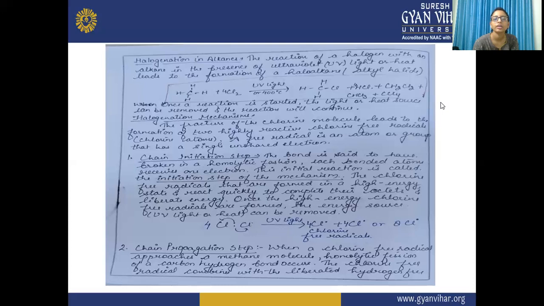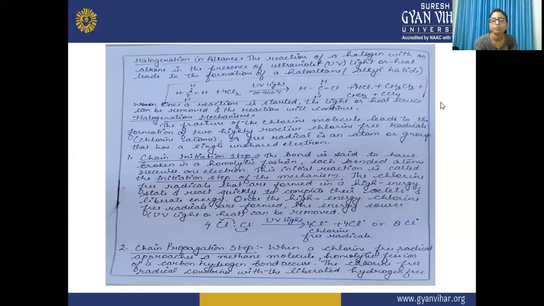In the first, chain initiation step, the bond is said to have broken in a homolytic fashion. Each bonded atom receives 1 electron. Here the chlorine is broken in a homolytic fashion, meaning both atoms take 1 electron from the shared pair.